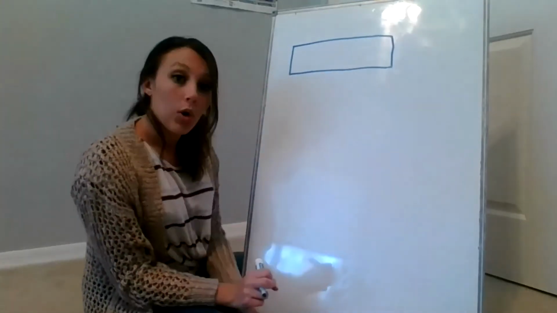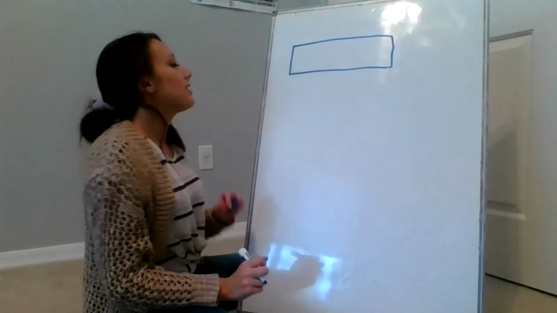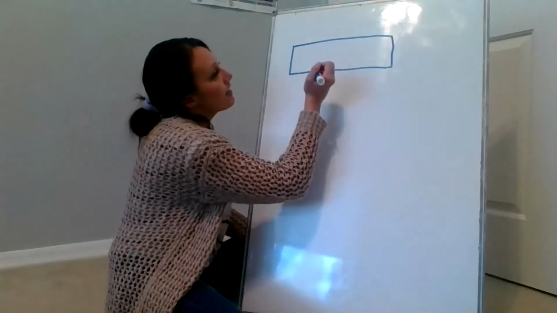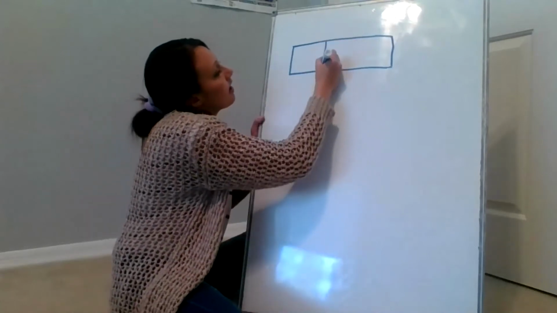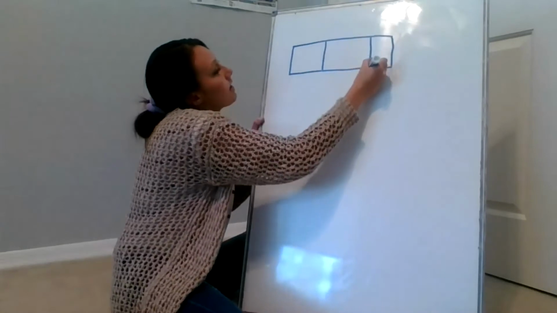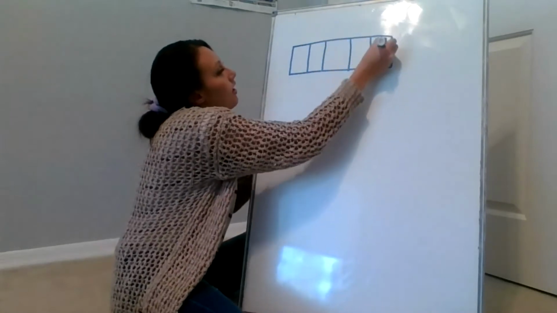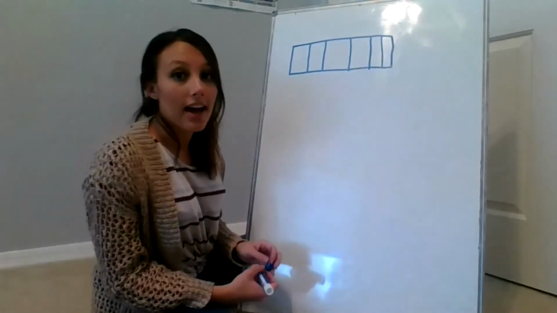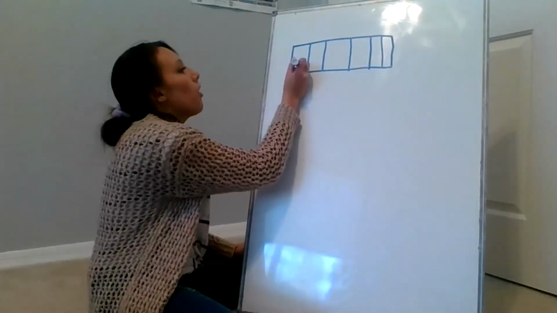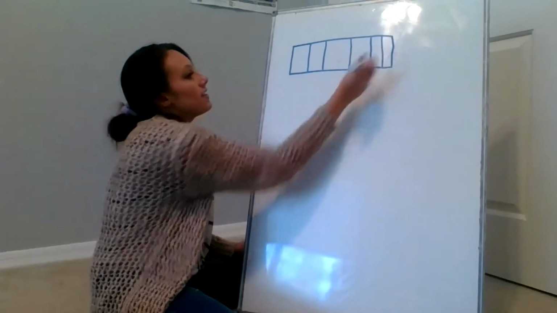So from here, we're going to divide it into 6 pieces. So if I divide this into 6 pieces, it's going to look something like this. Just like that. So I have 6 pieces, right? 1, 2, 3, 4, 5, 6.